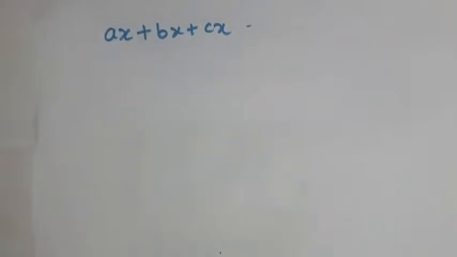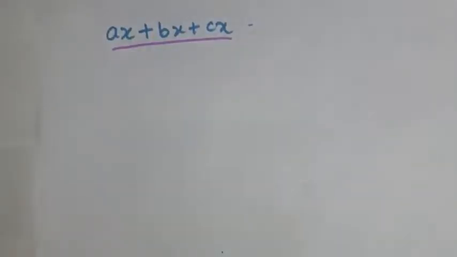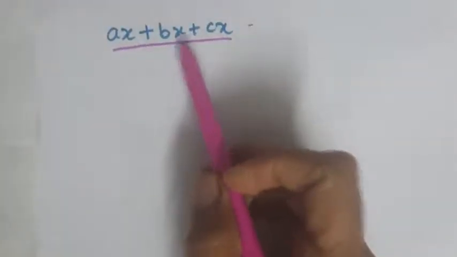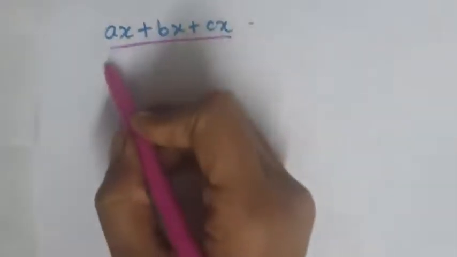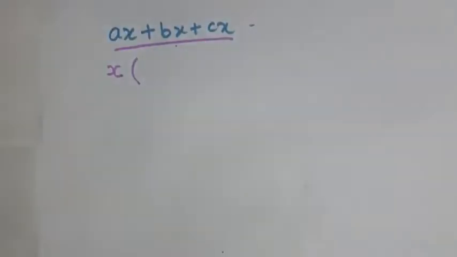Now we have to factorize this. Factorize means take the factor common. Now what is common in all these? Yes, x is common in all the terms. Here also, and here also. So x I will take common. Now I will put the bracket. Inside the bracket I will write all those terms which are left after taking x as common.